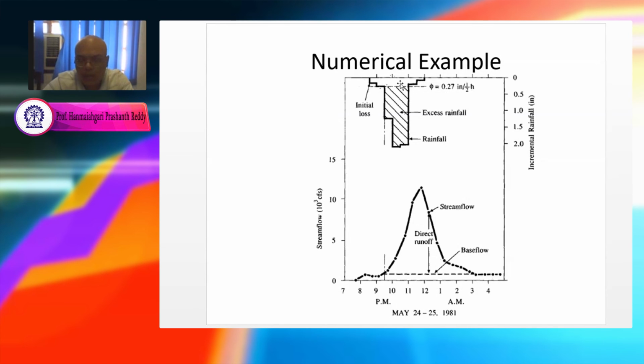Whatever rainfall is below this 0.27 is considered as initial losses. Only rainfall above 0.27 is excess rainfall. That excess rainfall is plotted here. You see that? This excess rainfall gives the direct runoff. So direct runoff is plotted above this line.